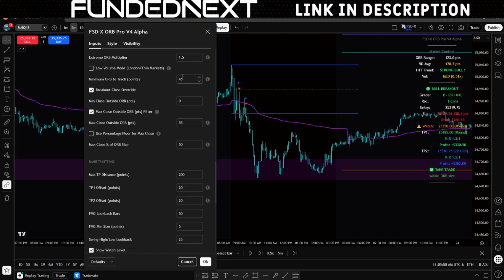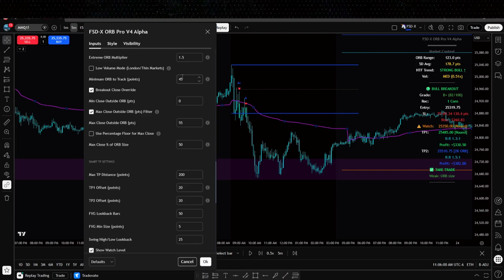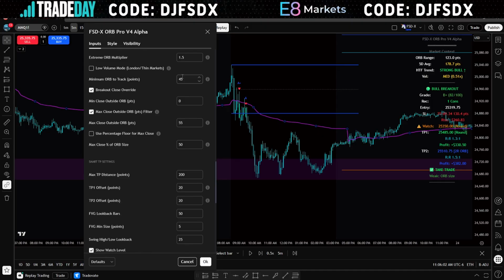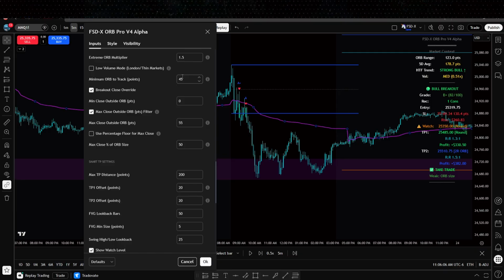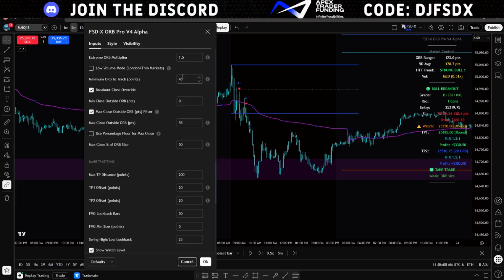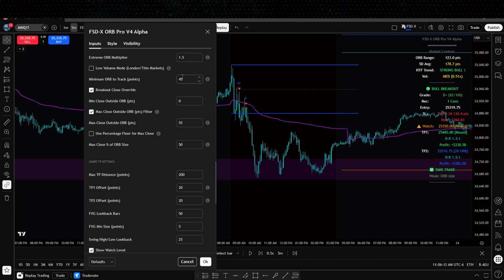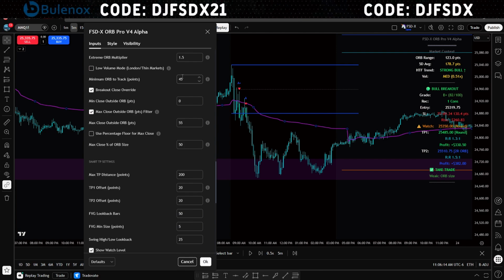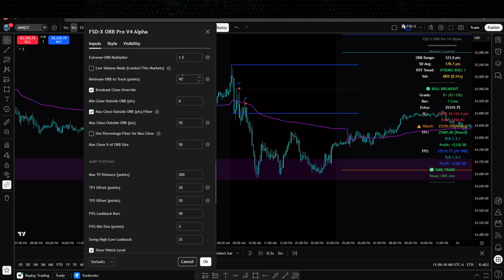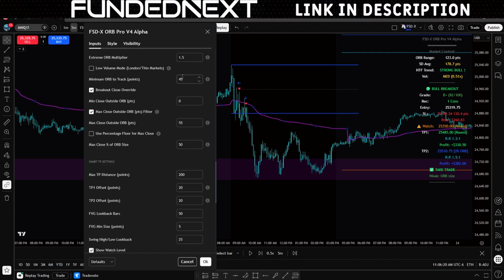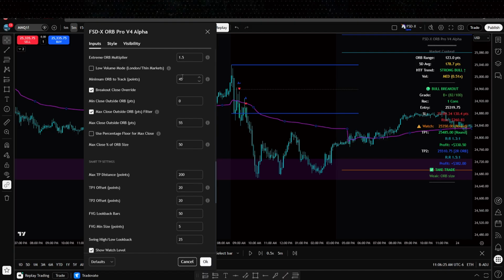If you're trading gold or ES or London, you can lower that down to like 5 points. I think that's what we're testing with, because you want to make sure you're getting valid setups. But what I found in backtesting is that for MNQ, under 45 points is pretty much going to be a holiday or there's no volume, so it's really not even worth messing with it.